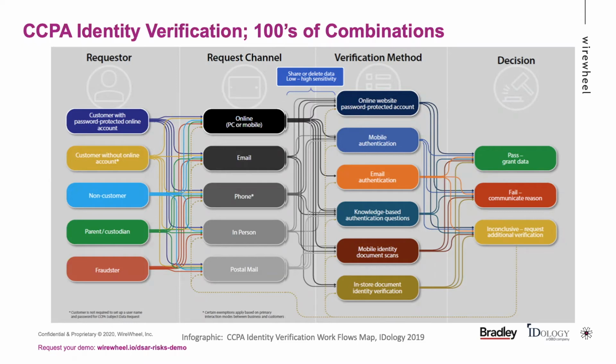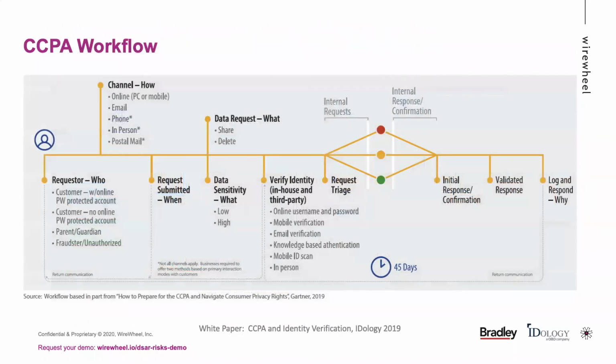And the next graphic I want to present has the overall workflow and how identity verification fits into CCPA throughout that life cycle. And it boils down, in this case, the way we did it, to a who, how, when, what in the CCPA life cycle and value chain.